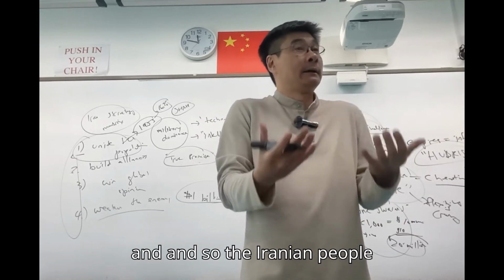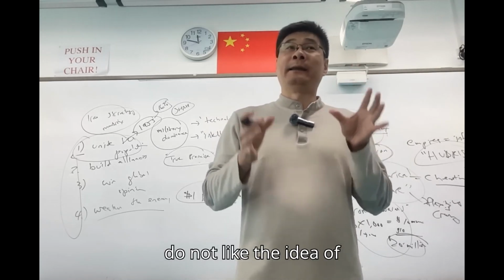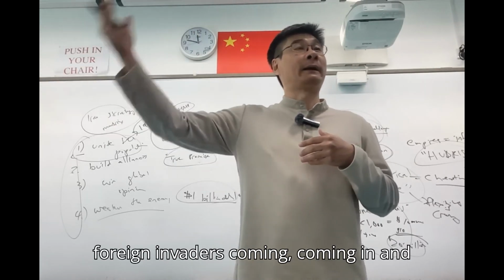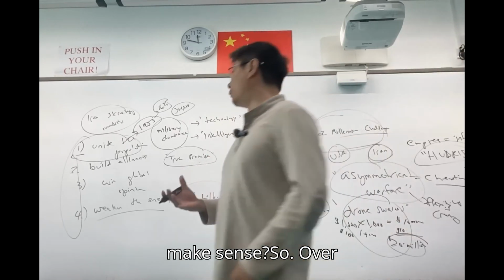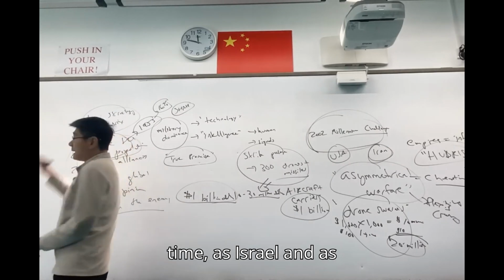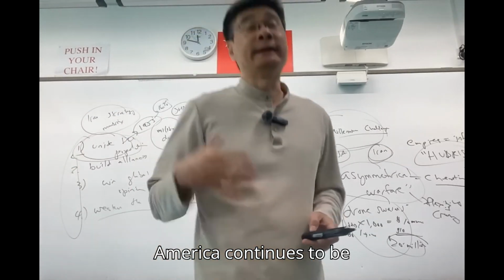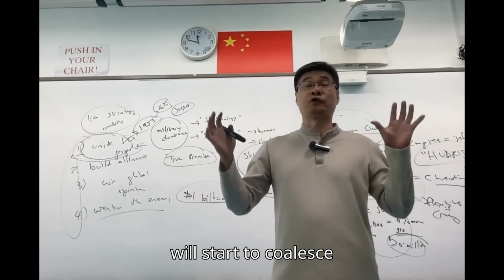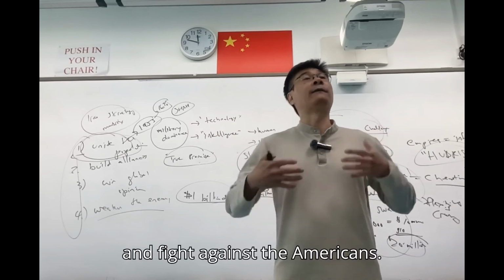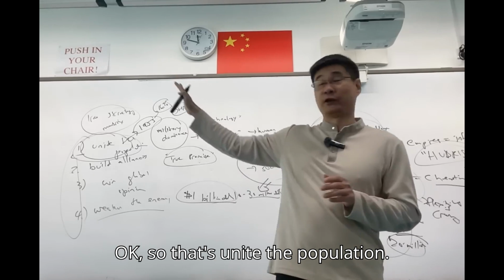And so the Iranian people do not like the idea of foreign invaders coming in and controlling the resource. Does that make sense? So over time, as Israel and America continue to be aggressive towards Iran, the population will start to coalesce and fight against the Americans. So that's unite the population.